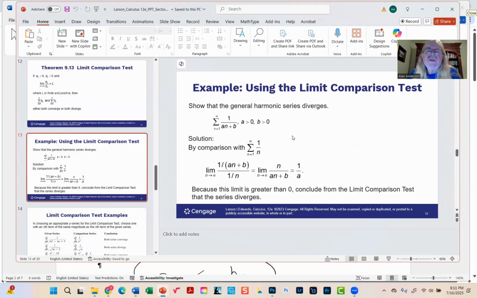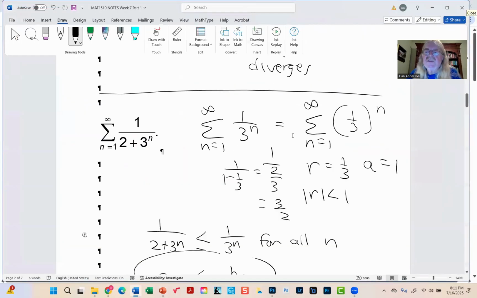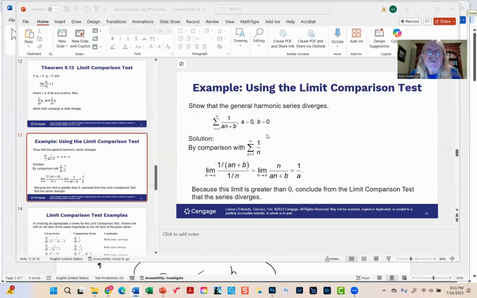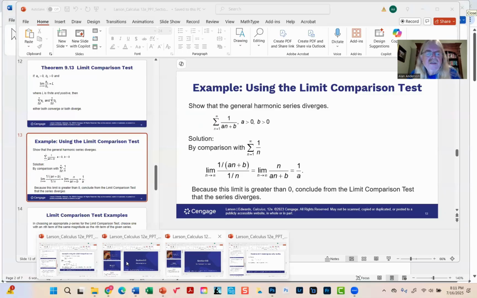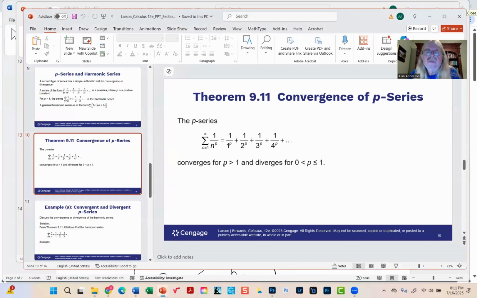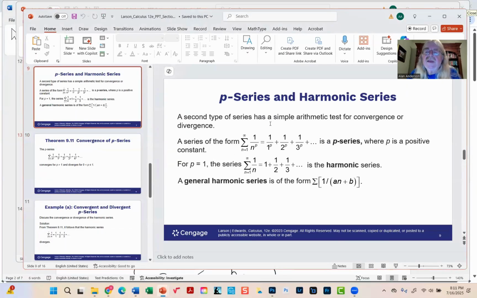Now here, if you remember when they first introduced the p series test in the last section, let's go back and visit that real fast. They did make the point here that the harmonic series is the special case of a p series where p equals 1, and that it can be written in the following form.